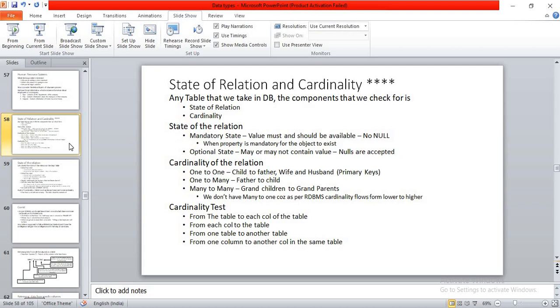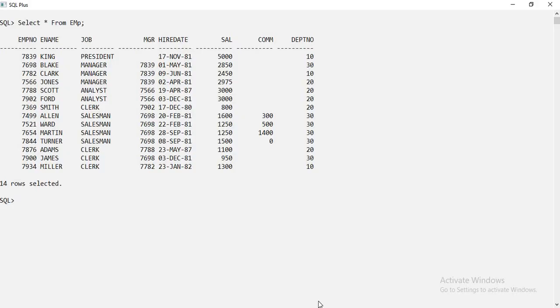Coming to the next part, the two important and most basic pillars of Oracle or RDBMS, relational database management systems, are state of relation and cardinality. Earlier we discussed that in a relational database, it is always about a table which contains rows and columns.